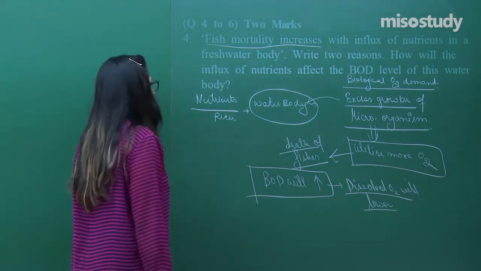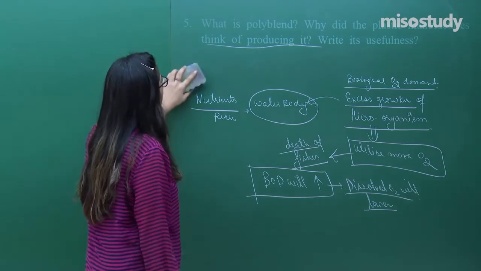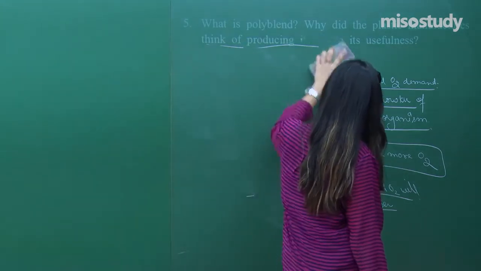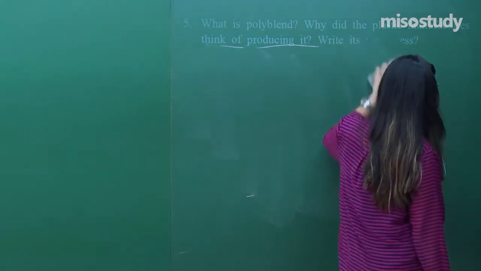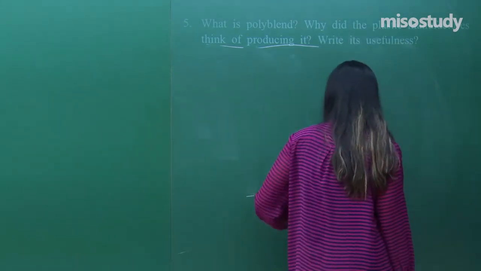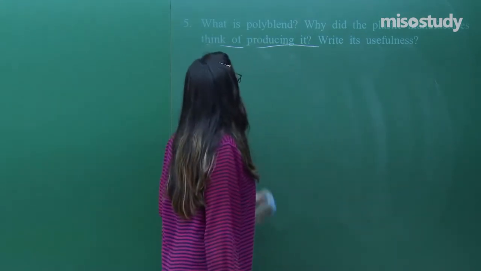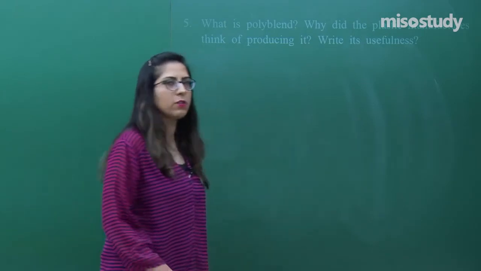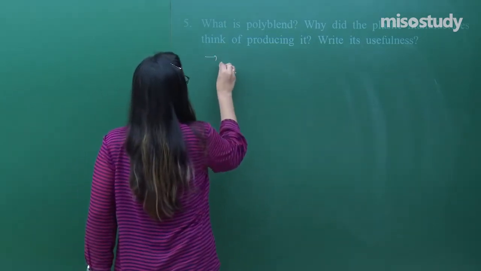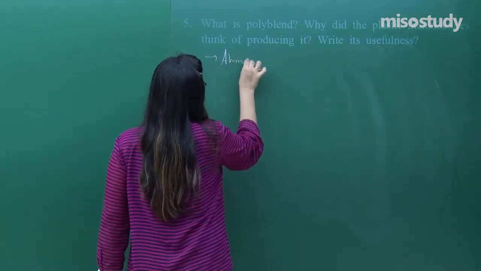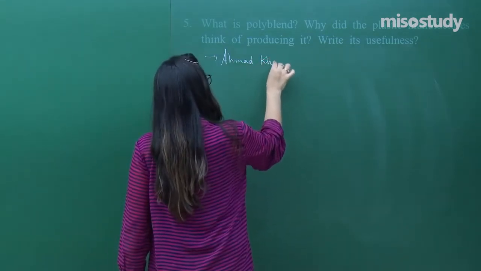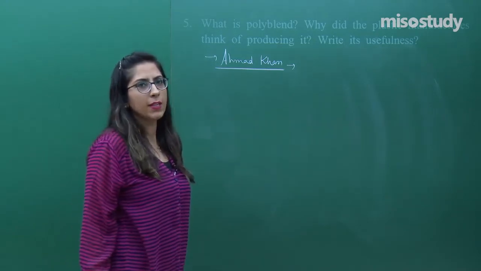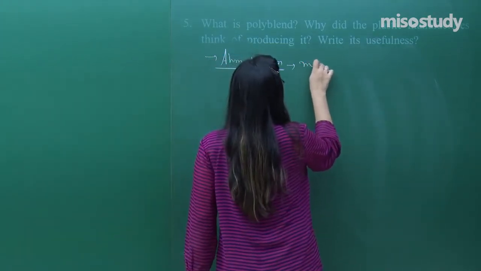Now let's move on to our next question. What is a poly blend? We have already studied the polymer blend. So the poly blend was first made by Ahmad Khan. Poly blend is made from plastic.